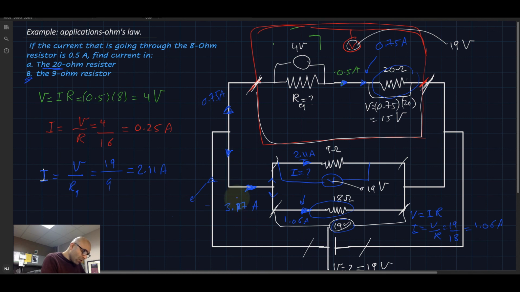So 3.17 plus 0.75 will give us the current through the whole circuit, or the equivalent current for the circuit. And if we do this calculation, we will get 3.92 amps, and that's the whole equivalent current.